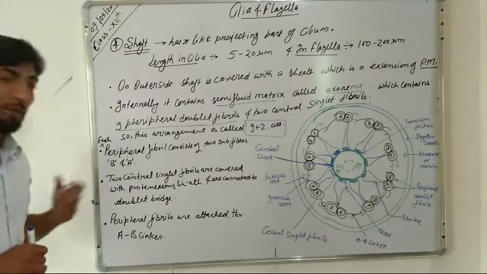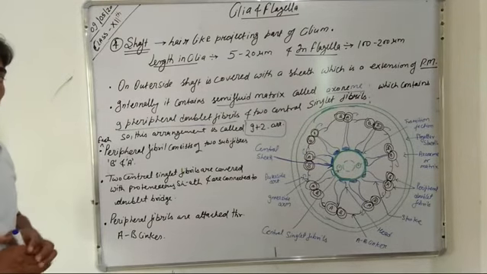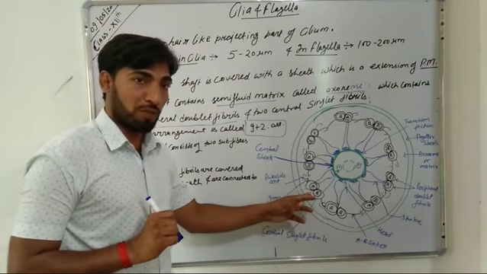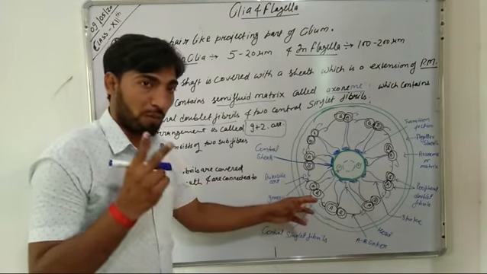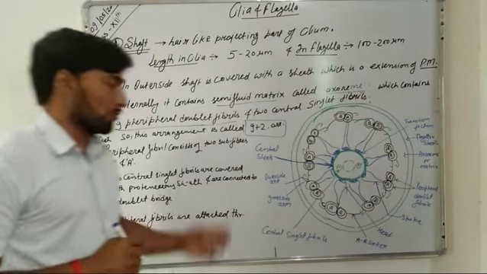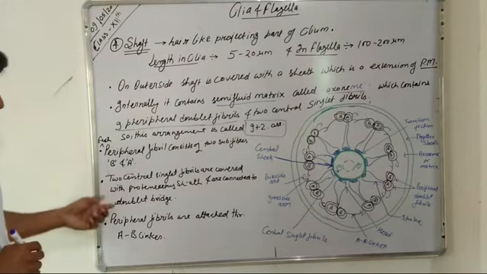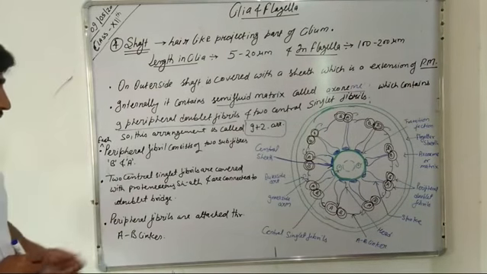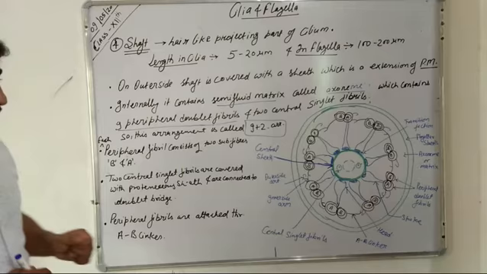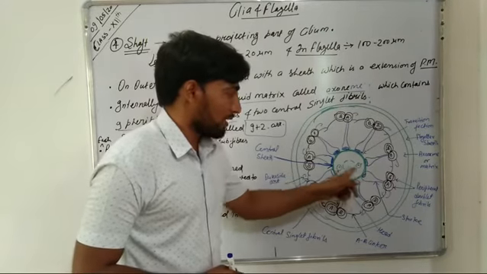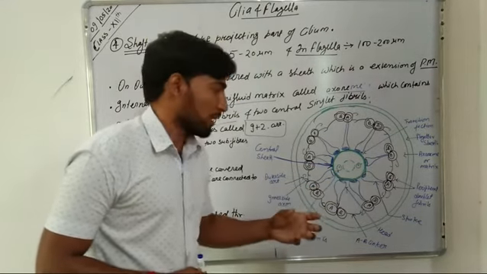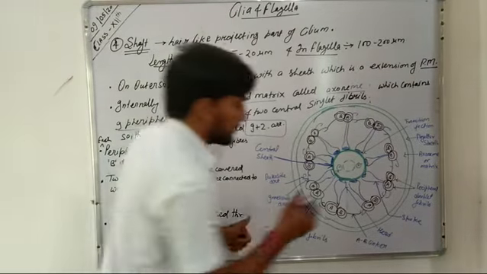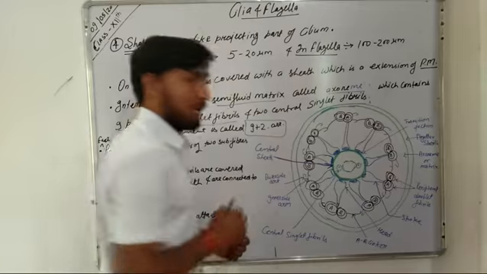Each peripheral fiber contains 2 subunits, or microtubules, known as A and B. The 2 central singlet fibers are covered with a proteinaceous sheath and are connected to the doublet bridge. This is the bridge through which they are connected.